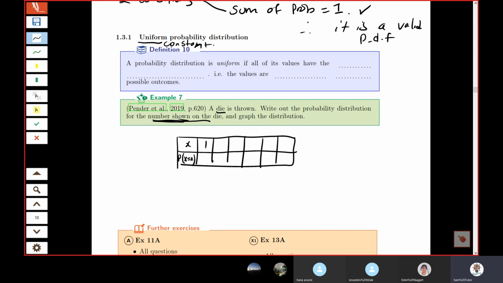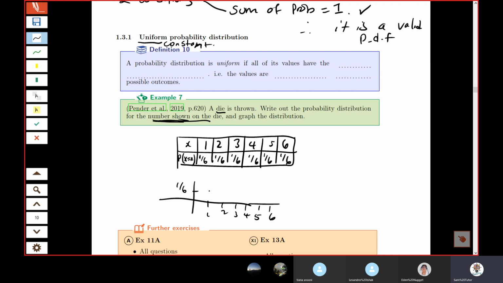So that means this will be number 1 shown, number 2 shown, number 3 shown. Good. And what's the probability of each one occurring? 1 in 6. Can you see each one lies between 0 and 1, and that the sum of all of these is equal to 1, so it works. And then graph it. Graph at 1, 2, 3, 4, 5, 6.